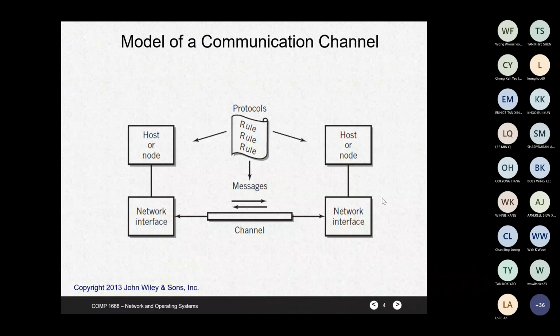It communicates with the channel, for example through your service provider, Wi-Fi or cables, connected to the other end, where there will be a network interface card or another receiver to receive your message and convert it into a format readable by the receiver, and vice versa. That's how communication works.